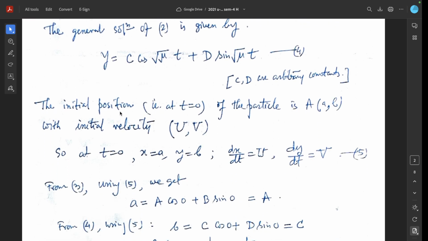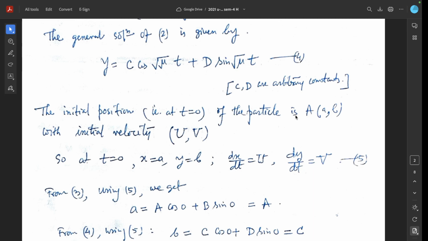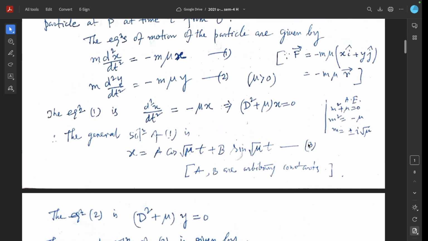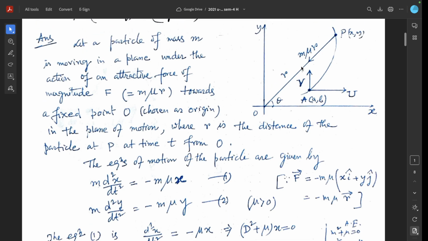The initial position, that is at t equal to 0, the particle is at A with coordinates (a, b). The particle starts from this point A at t equal to 0, and the corresponding initial velocity components are capital U along the x-axis and capital V along the y-axis.